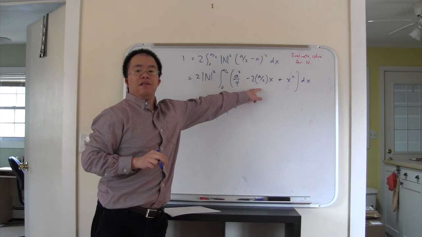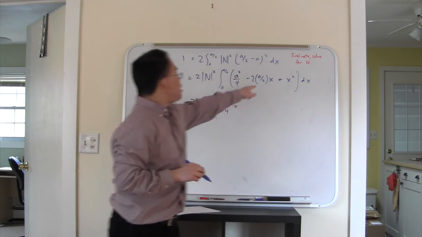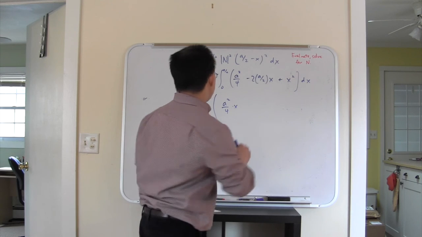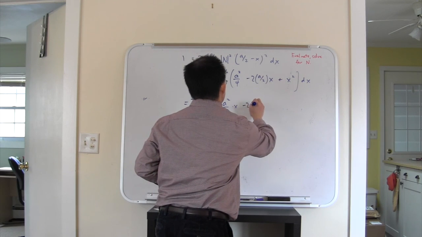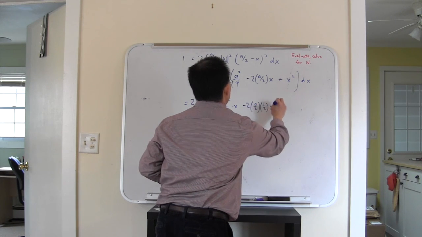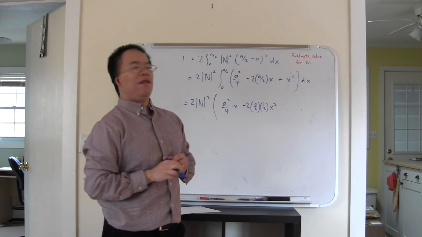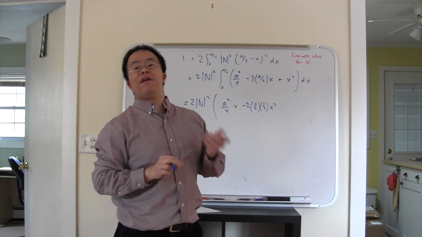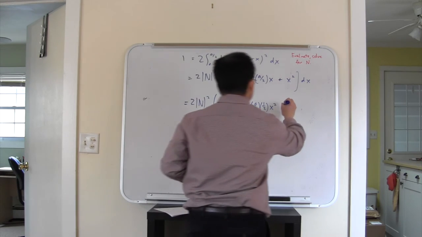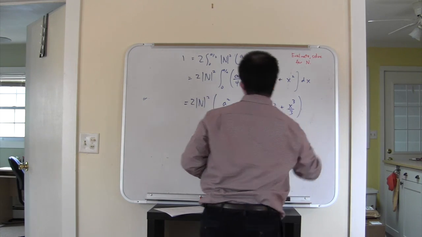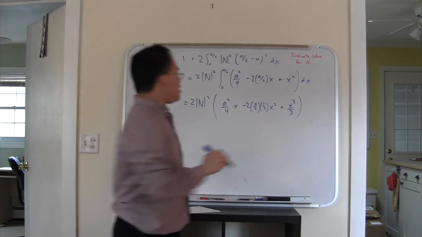This term over here is linear in x, so the x integrates to 1/2 x squared, so we have minus 2 times a over 2 times 1/2 x squared. And then anti-differentiating this last term here, we have x cubed over 3. And we have to remember that this is a definite integral, right?